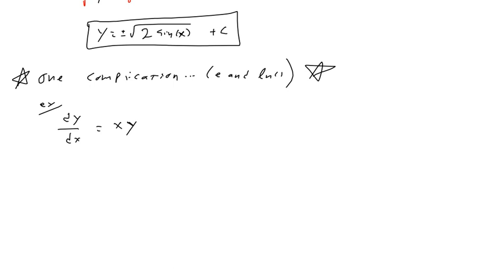Multiply by dx, both sides, that's fine. Cancel the dx. But when I simplify the y side, I have to divide by y or multiply by 1 over y, right? So I'm going to get 1 over y dy equals x dx.